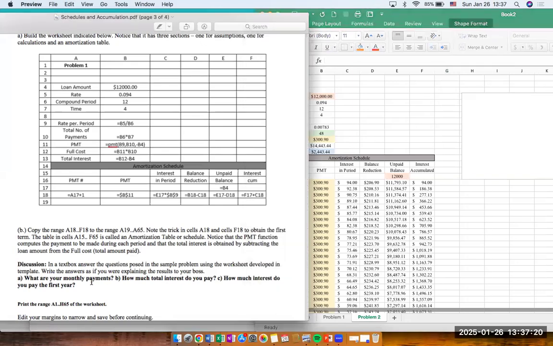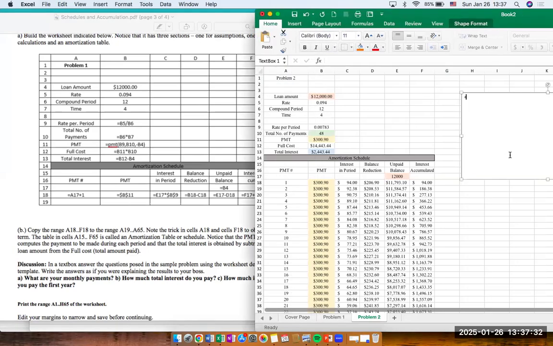Okay, so it says, in a text box, answer the questions posted in the sample problem using the worksheet developed in the template. Write the answer as if you were explaining it to your boss. So A, what are your monthly payments? B, how much total interest do you pay?